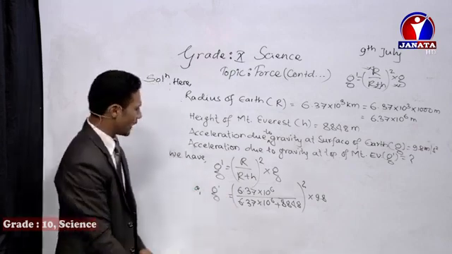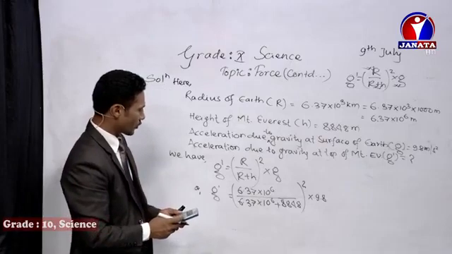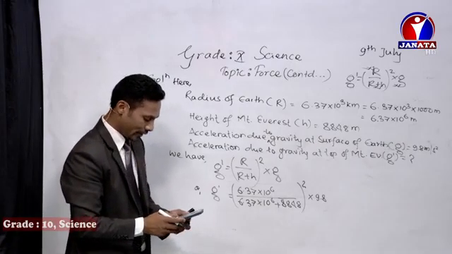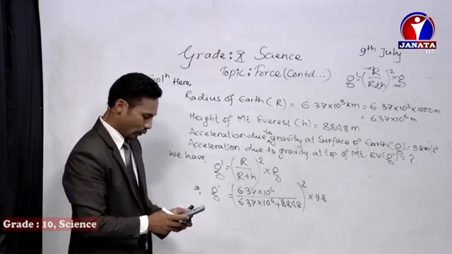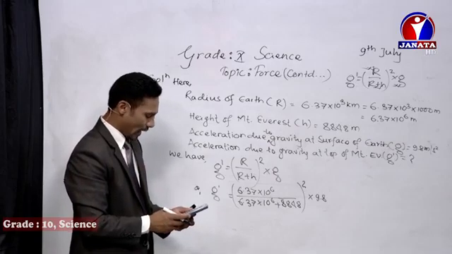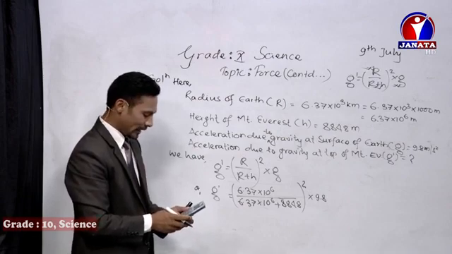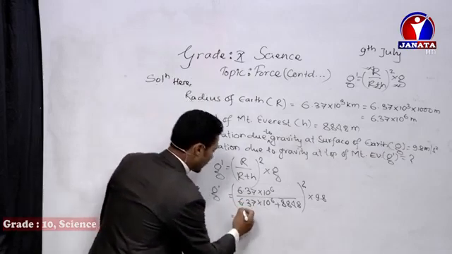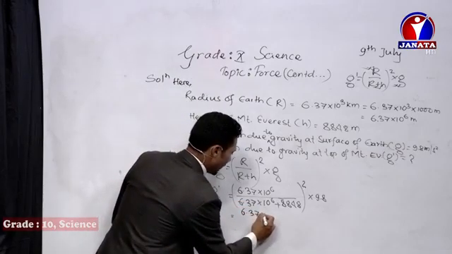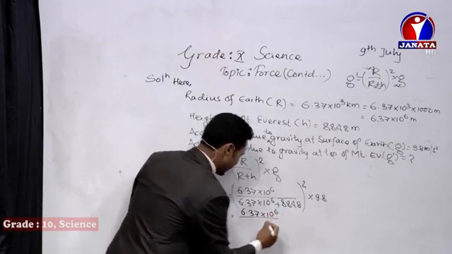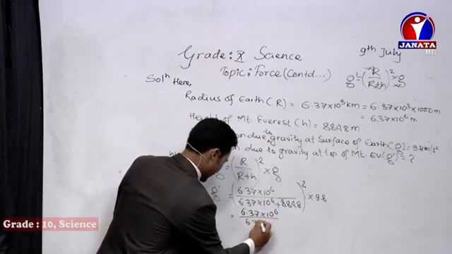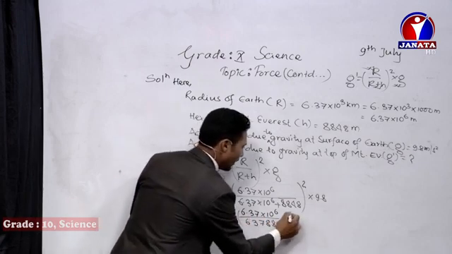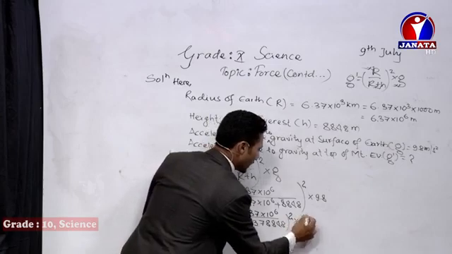So let's simplify this. You also can solve with the help of a calculator. Let me add the denominator first, 6.37 into 10 to the power 6 plus 8848 meter. So let me write down this, 6.37 into 10 to the power 6 divided by 6378848, squared, into 9.8.